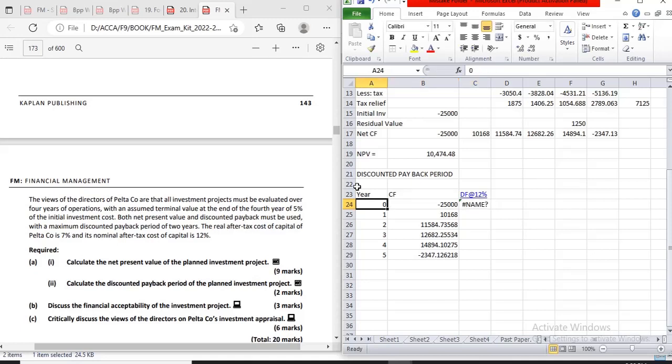but I will calculate it here. So 1 plus 12% to the power minus, okay, copy. Now present value, this multiplied by this.